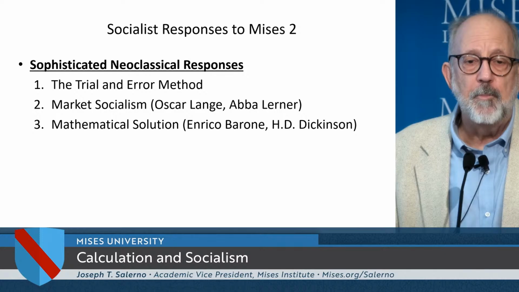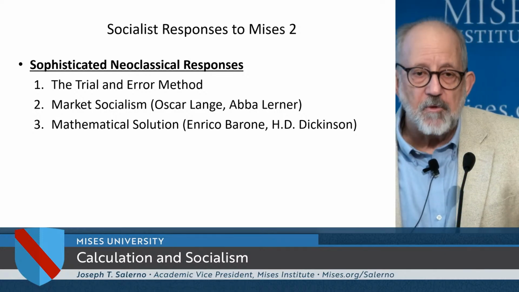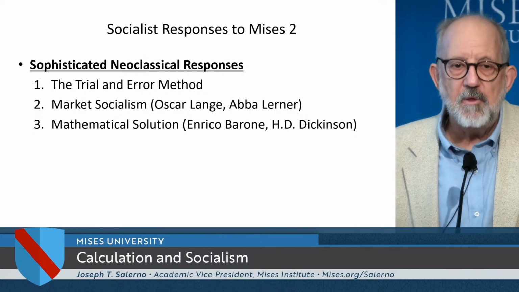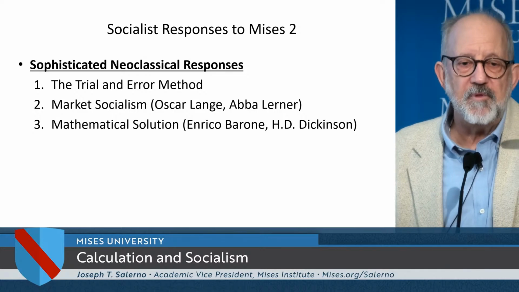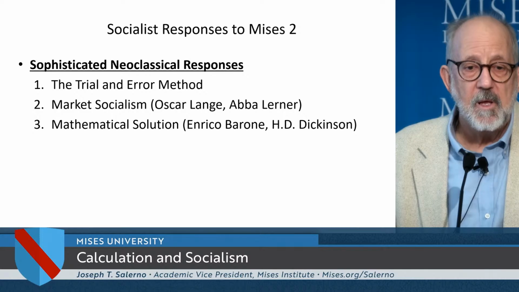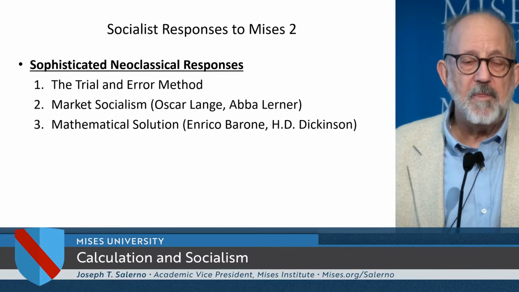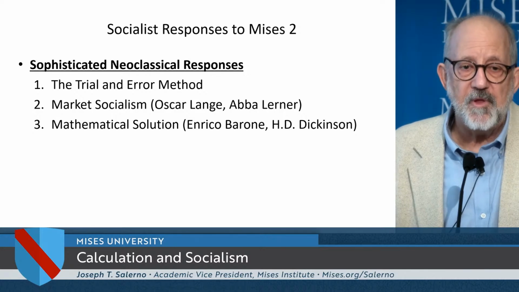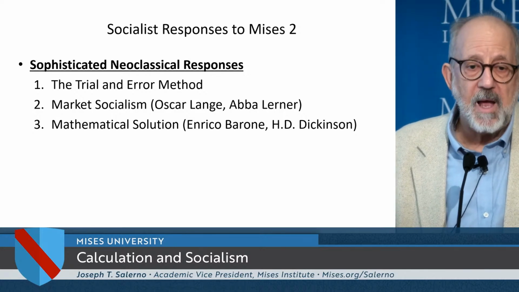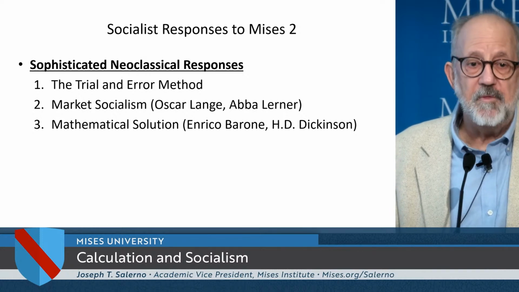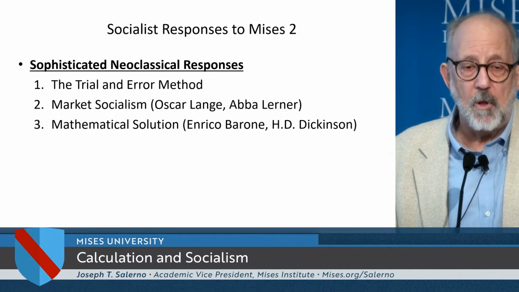And second, how do you bring together, for the mathematical solution, all the data about technology and tastes and resources, and you plug it into a set of simultaneous equations, and you solve them, and you get prices and quantities. But once again, Rothbard and Robbins, looking at the practicality of all this, said, well, there weren't any computers back then, so it would take months and months to solve the set of equations for a large economy.